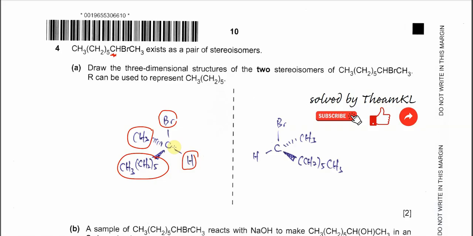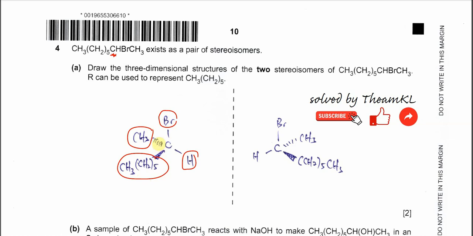For the 3D structure, you need to draw the wedge line and the dotted line. The wedge line is the one nearer to us, so it's in front. The dotted line is at the back. So when you draw the 3D structure, just remember to draw these 2 lines.